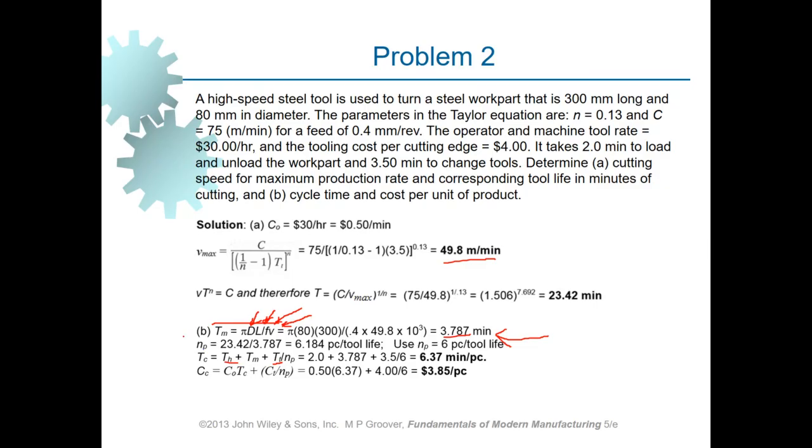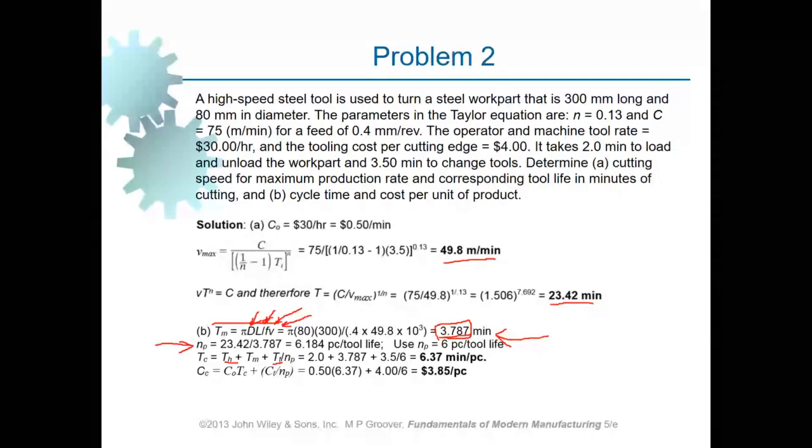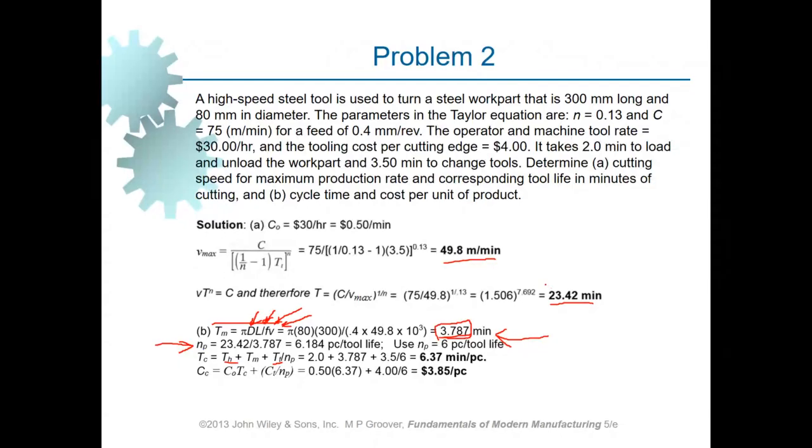Now, the task of us is reduced to computation of NP. What is NP? The number of parts that can be machined by making use of the same cutting tool. Please note that we have already the lifetime of the cutting tool at hand. Each cutting tool lasts for 23.42 minutes. If we have the value of machining time at hand, it takes 3.787 minutes to machine one unit of the part, and the cutting tool lasts for 23.42 minutes.